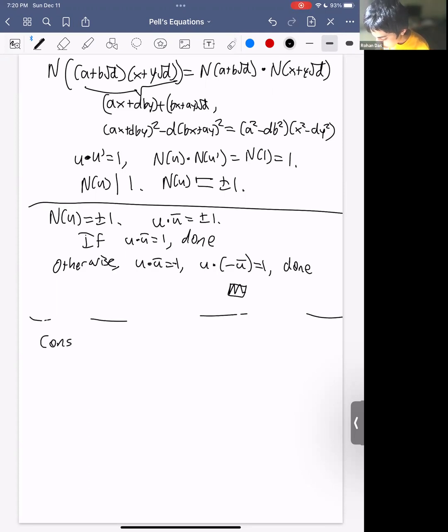So now consider a unit u0 greater than 1. This is not necessarily the smallest unit yet. And in fact, it won't necessarily be even at the end of this proof.